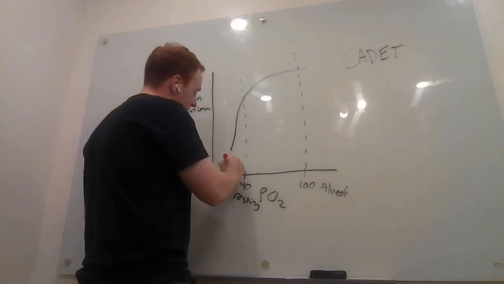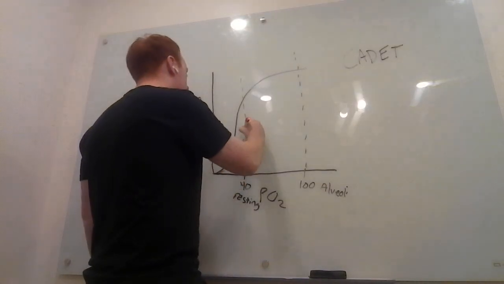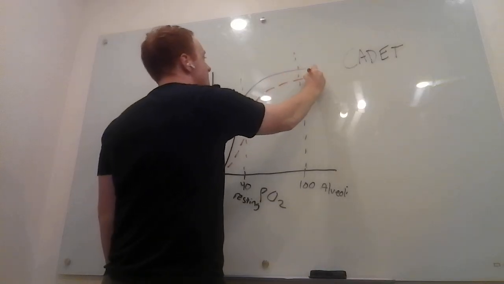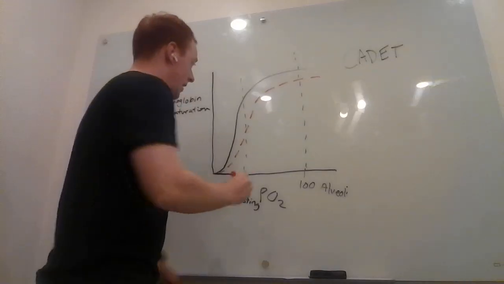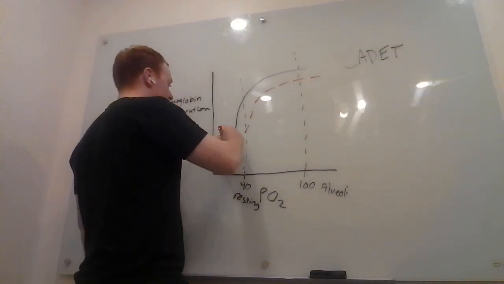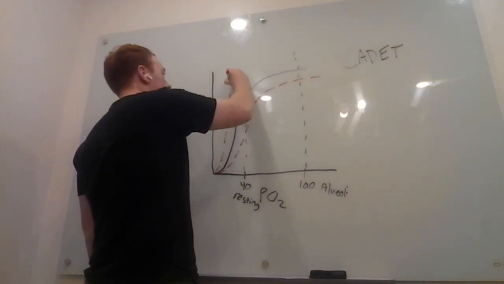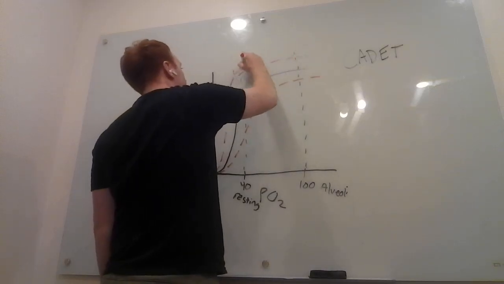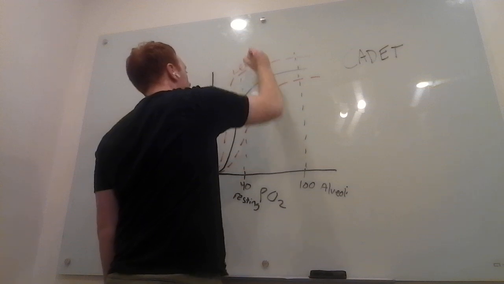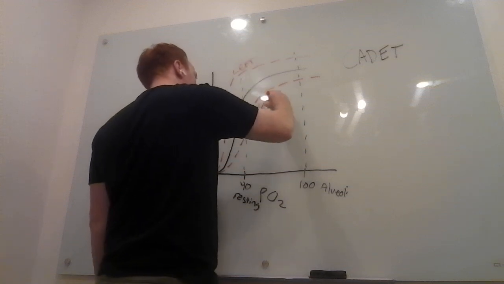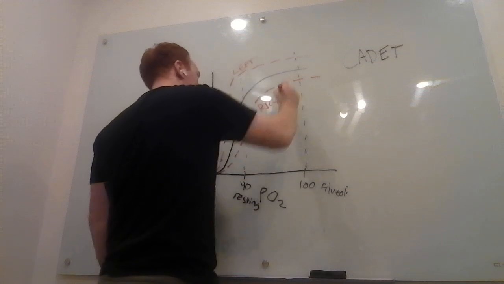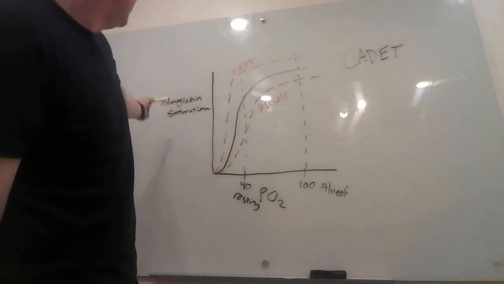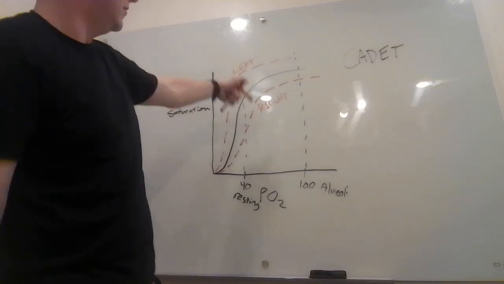This is shifting to the right. There you go. And then this is shifting to the left, of course. Left. Right. Hopefully you can see that okay. But there's our hemoglobin oxygen dissociation curve.